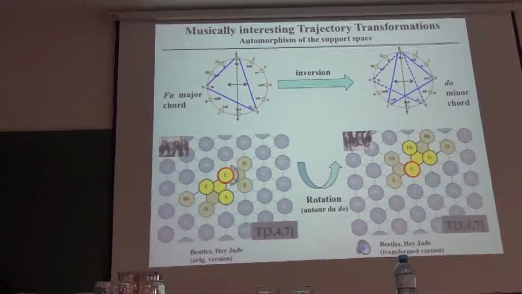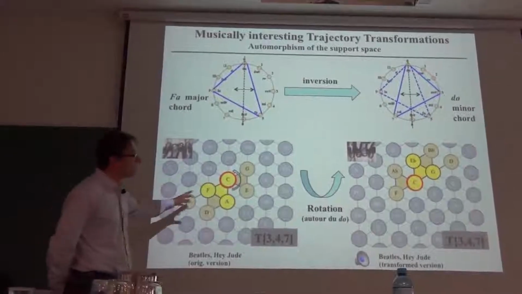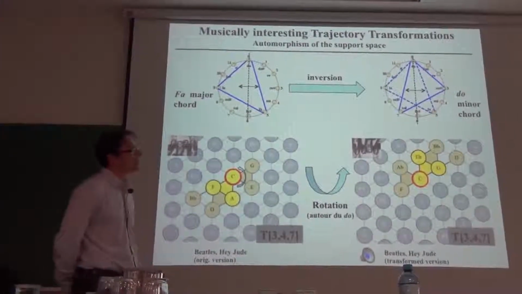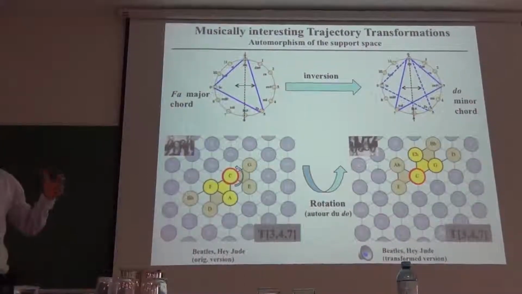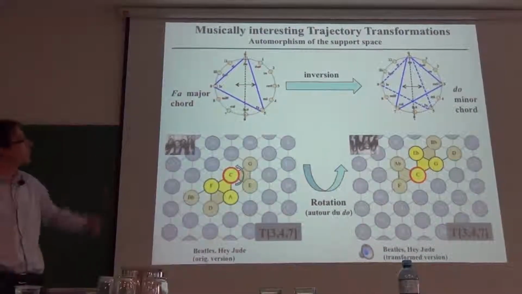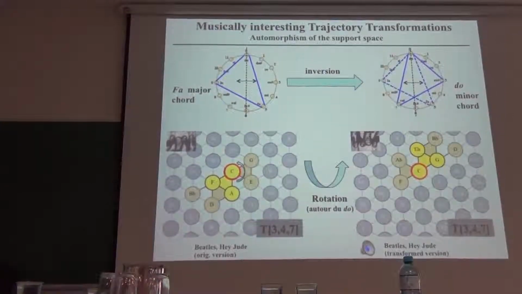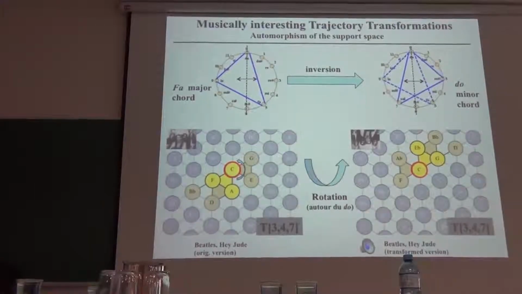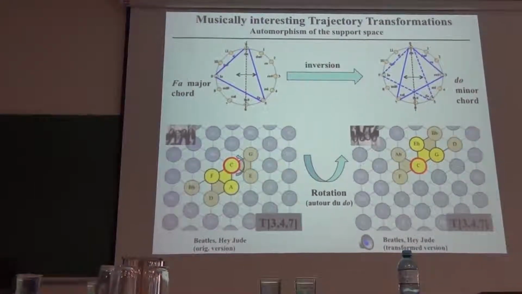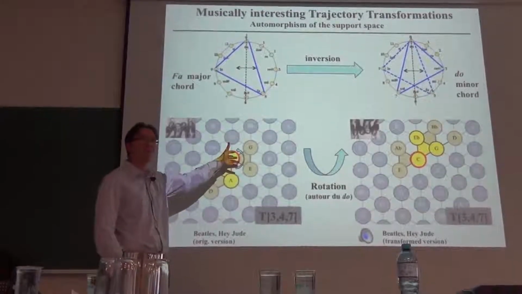From major to minor, and again, these are operations which I found particularly musically logical. Now in the case of Etude, if you have an F major chord, what happens if you do a rotation? You have your piece and you rotate your trajectory.